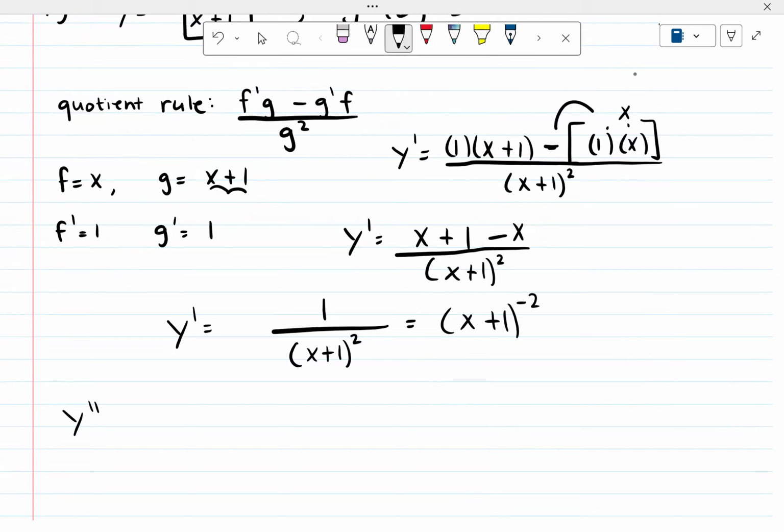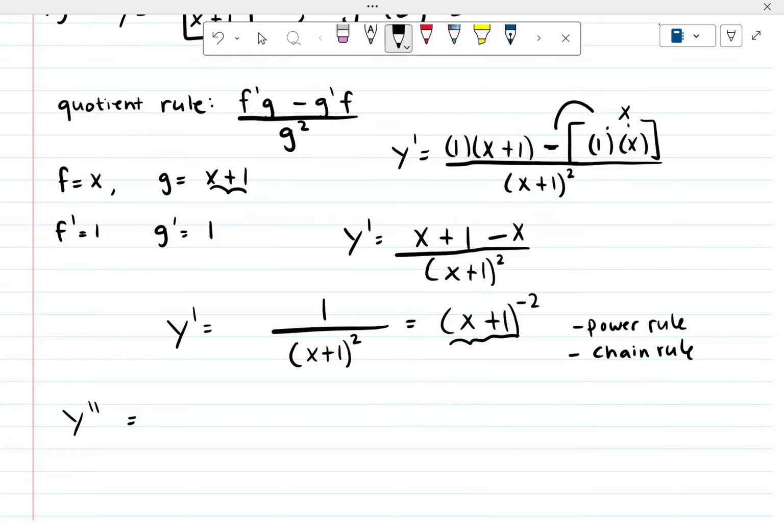Okay, so from this, what can we use? We can use the power rule and the chain rule. From here on, we no longer have to use the quotient rule because it's no longer a fraction, but we'll have to use the power rule and then the chain rule because there's something inside the parentheses, right?